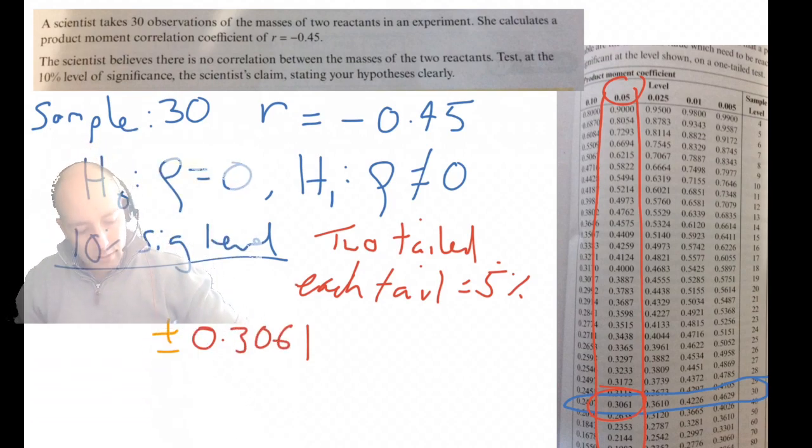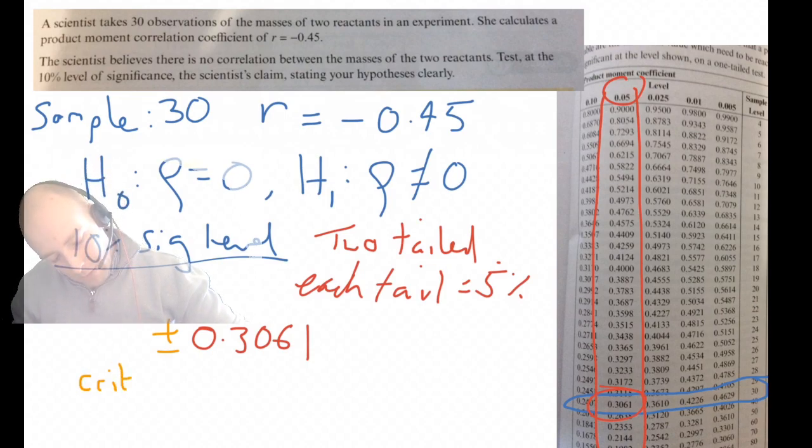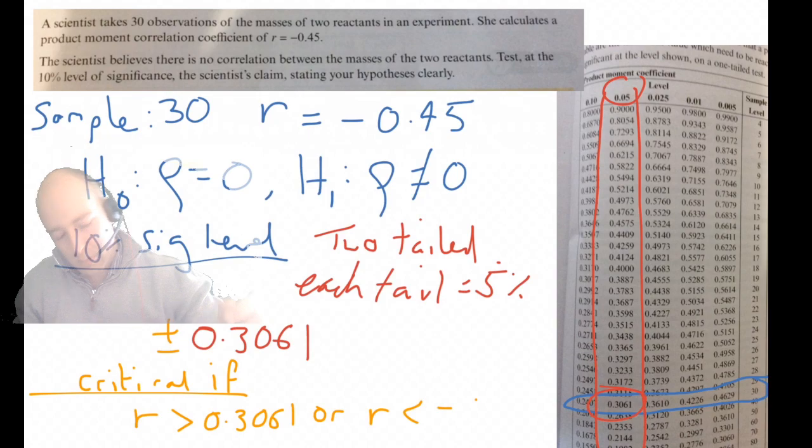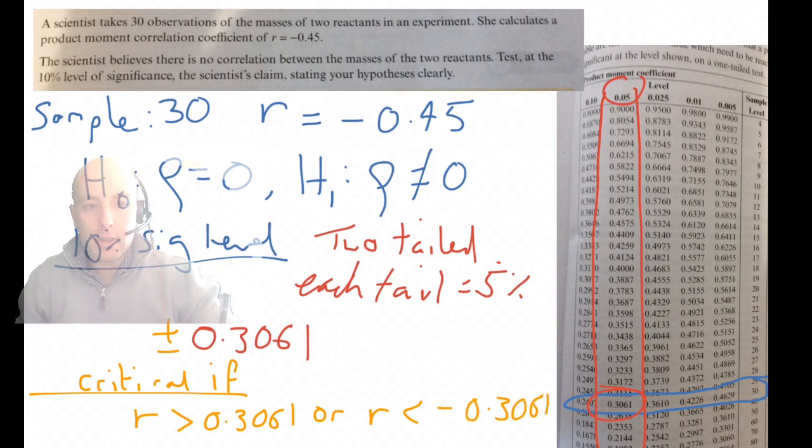So it's critical if R is greater than 0.3061 or R is less than minus 0.3061. In other words, it's critical if our value is more correlated than that critical value.